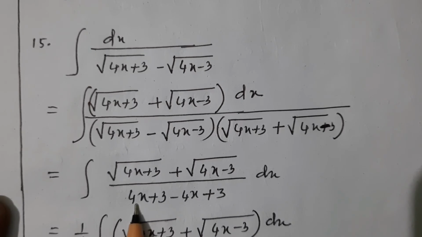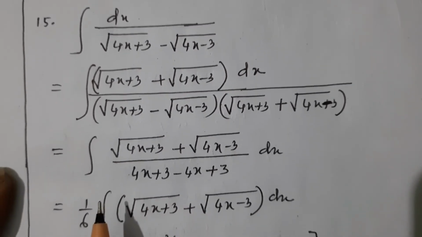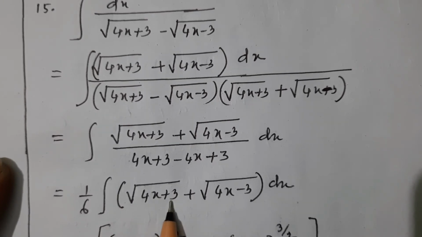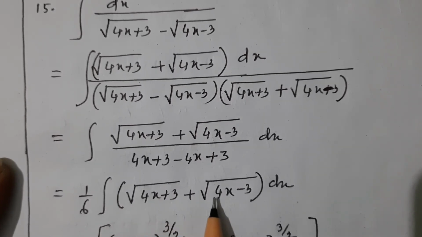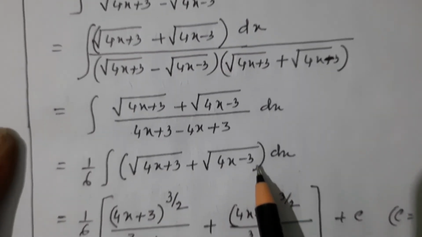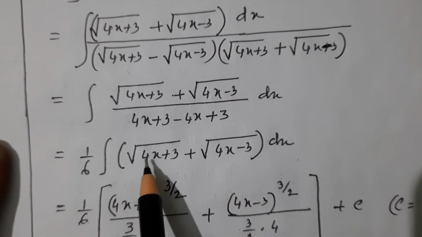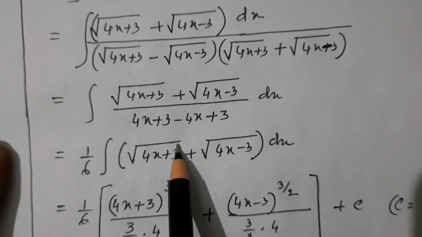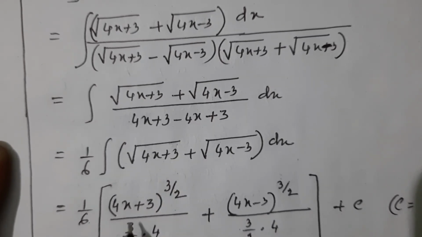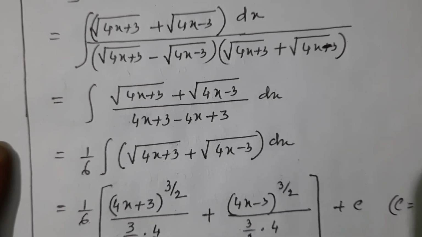4x is deducted, and if we simplify, we get 1 by 6 into integration of square root of 4x plus 3 plus square root of 4x minus 3 dx, and we separately integrate: 1 by 6 into 4x plus 3 whole to the power 3 by 2 by 3 by 2 into 4.